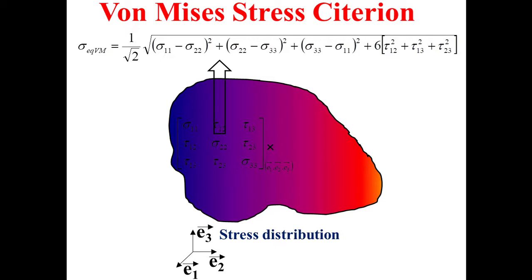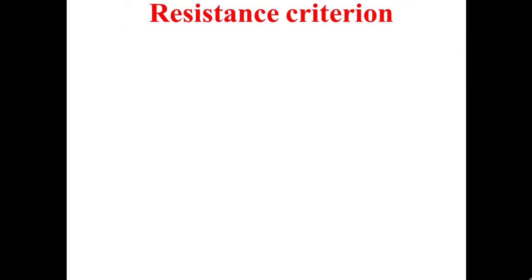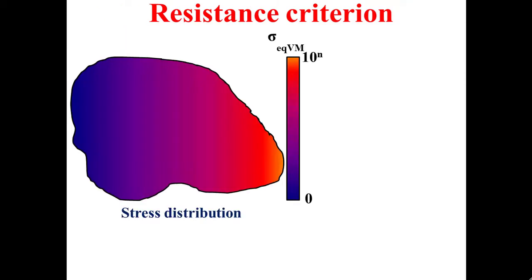at the considered point. Now I will talk about the resistance criterion. In fact, when we have a stress distribution, in other terms, we have at any point of the considered body the value of the von Mises equivalent stress, we can find the point at which this value is maximum.